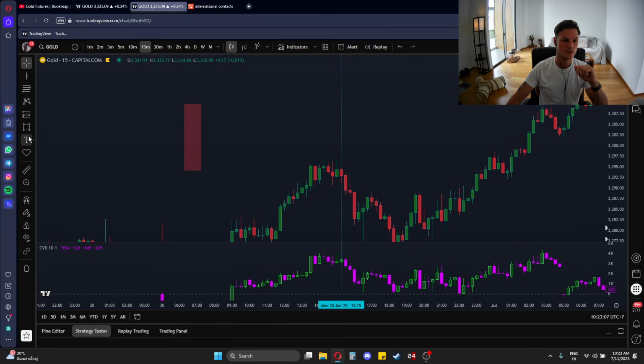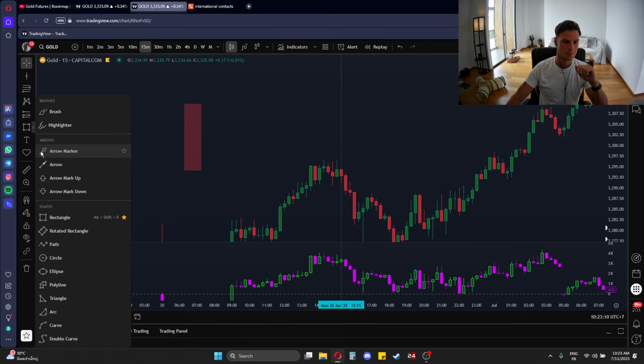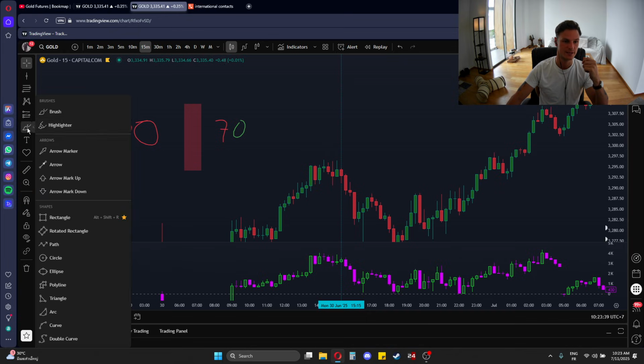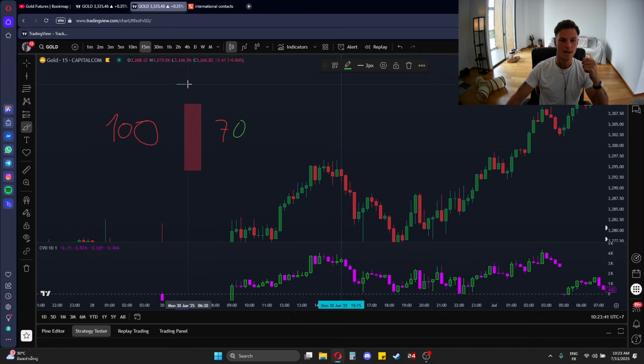So let's say you have 100 sellers within that candle, and you have 70 buyers. If there's more sellers, there's 30 more sellers than there are buyers. So the candle does go down indeed, okay? That's the delta. The delta is minus 30.